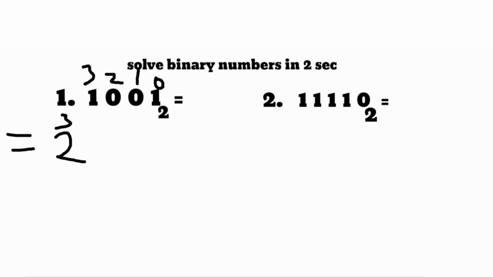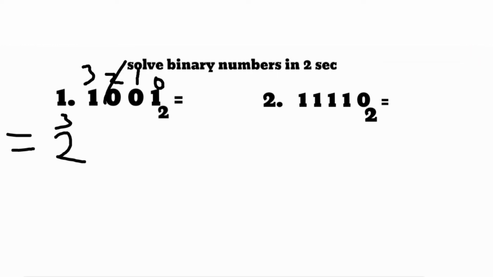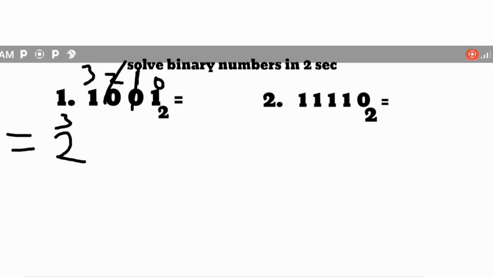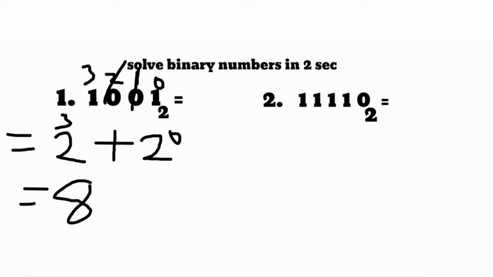And the ones that have 0, I will advise you to just cancel them. The reason why I advise to cancel them is because they are not really relevant, and if you cancel them, it will be more efficient for you. So once you have cancelled them, it will now be only 2 to the power of 3. So 2 to the power of 3 is what? 8.